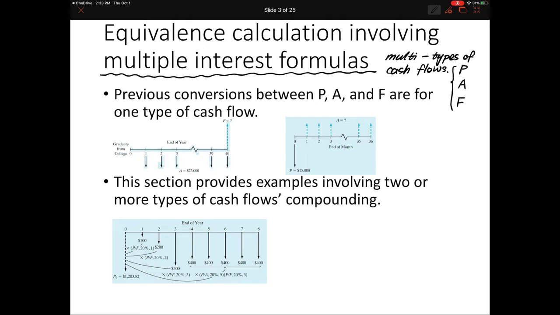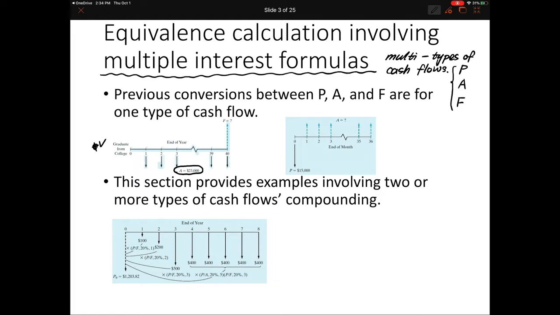And if you remember in the previous classes, we only talk about how do we convert a single type of cash flow to another single type of cash flow. So we talk about, for example, in this one, what we have on the timeline is just the annuity, right?